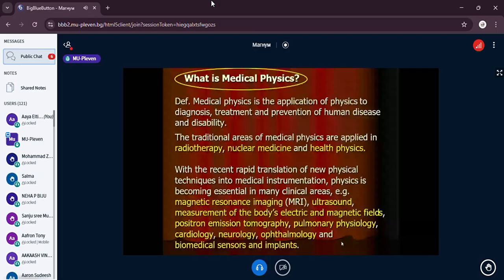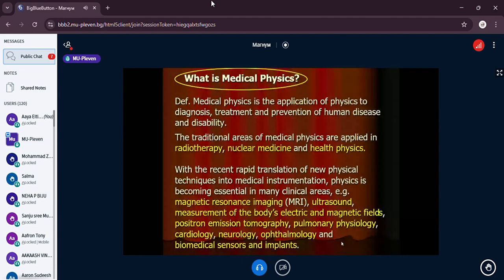Medical physics is what? It is a branch of physics in which physics, with its main concepts, laws and theories, is used for the sake of what? For the sake of diagnostics, treatment, and even prognostics are given here.